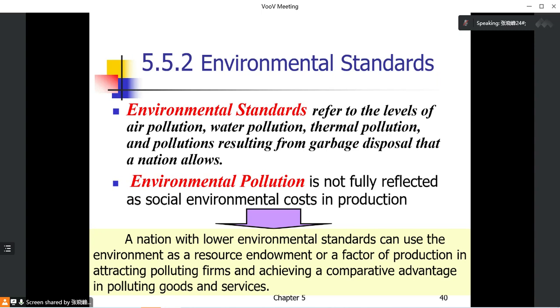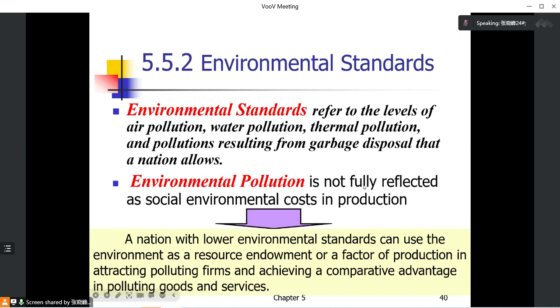Now climate change is becoming a global issue, a global issue.